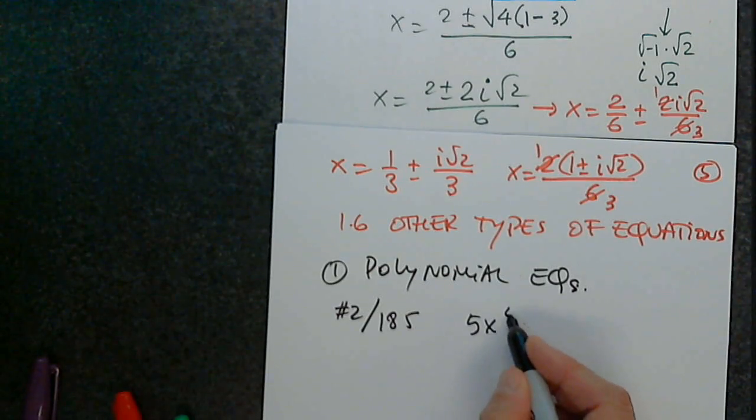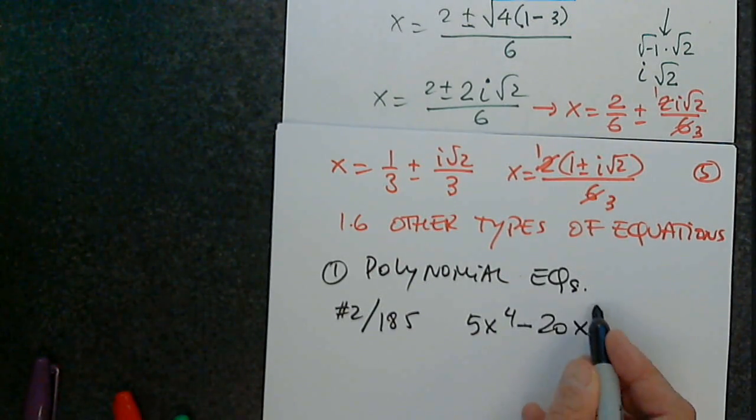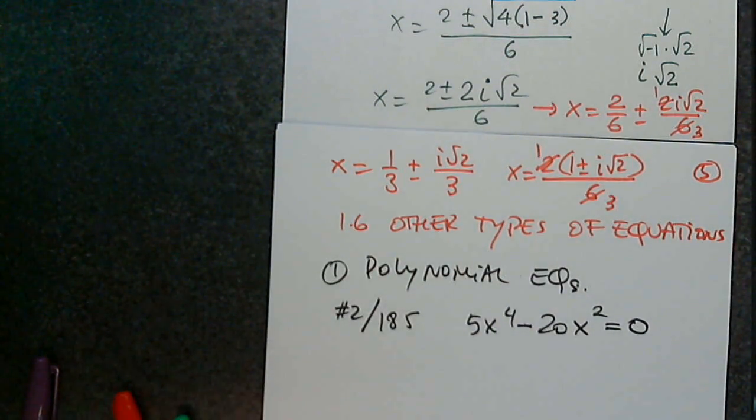So 5x to the 4th minus 20x squared equals 0. Like before, my first step is to do what? I'm given an equation. You give me this equation. What do you think will go through my mind first? Of course, because they all have different recipes, different methods.